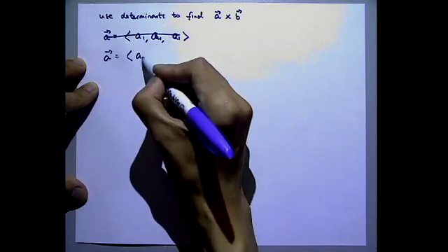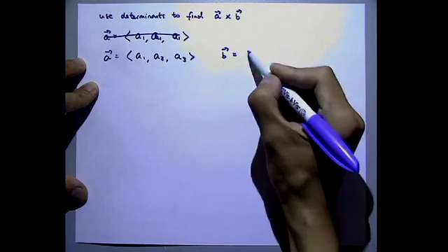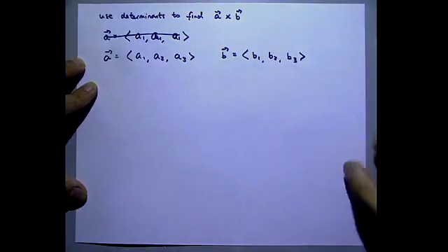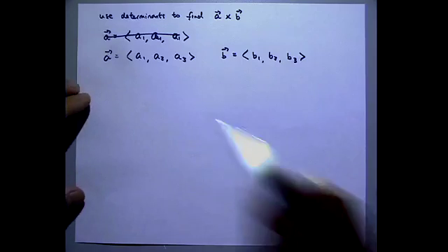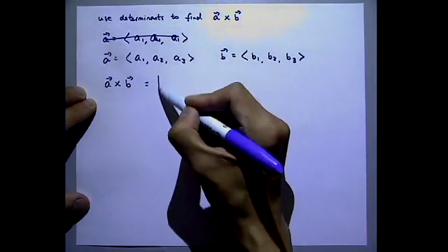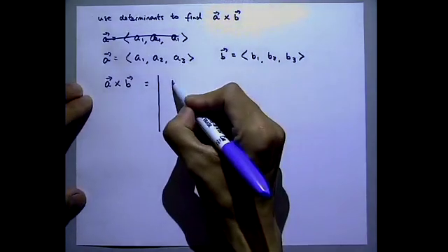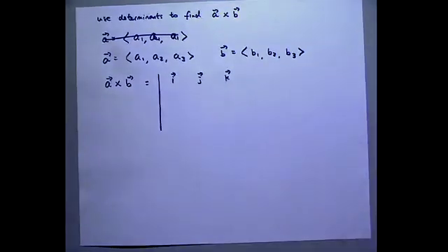There should be A1, A2, A3, and B is B1, B2, B3. When we do A cross B, we form a big matrix and find its determinant. The first row of this matrix are the 3 special unit vectors I, J, K.